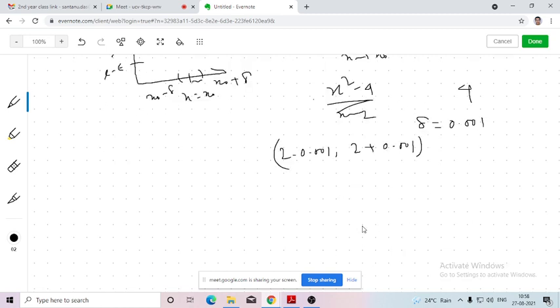Then if you put the values, you will find that the functional value is actually moving from 4 minus 0.0001. So here epsilon is 0.0001. So here delta by 10 equals epsilon. So here epsilon and delta are very small and they are comparable.